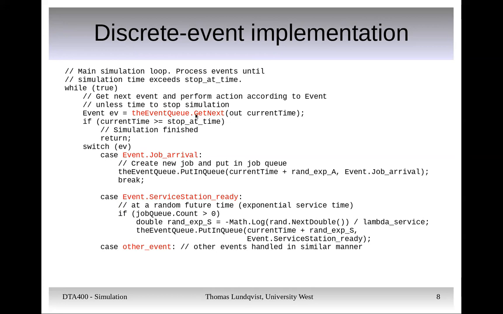So you get the next event, and you check, is it time to stop the simulation at some point in the future, maybe? Just simulate one year, or something. Then you should stop. Otherwise, you look at what kind of event this is. Is it a job arrival? Is it some service station that is ready? Or some other event? And then you act by typically creating new events, new jobs, and putting them in the same event queue in the future sometimes. So you get the current time plus some random time in the future, and you generate a new job.